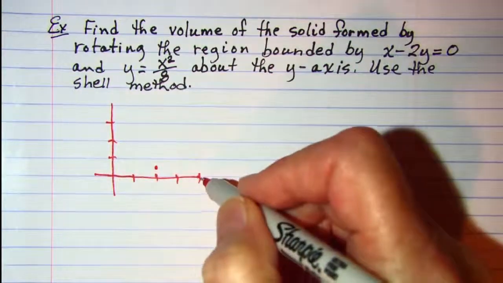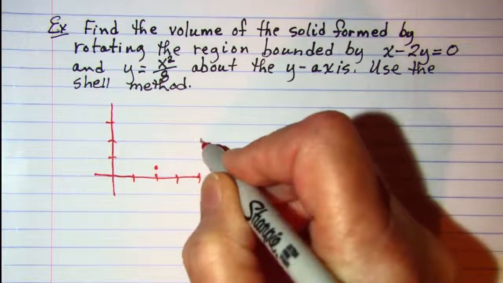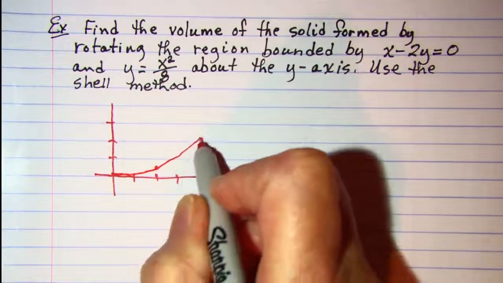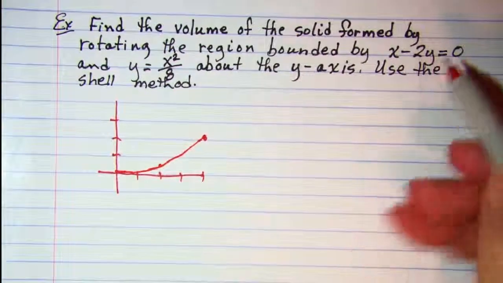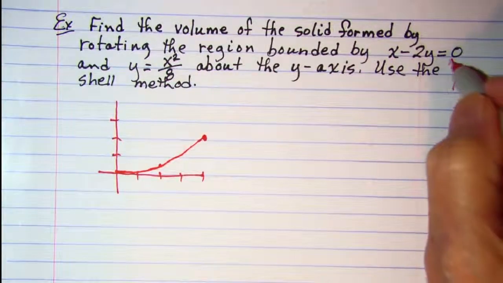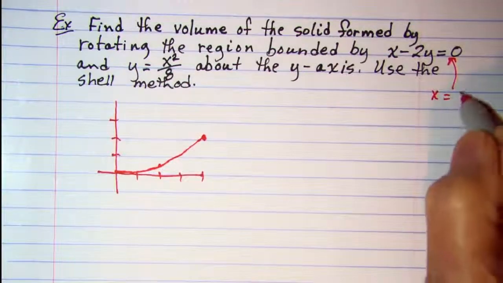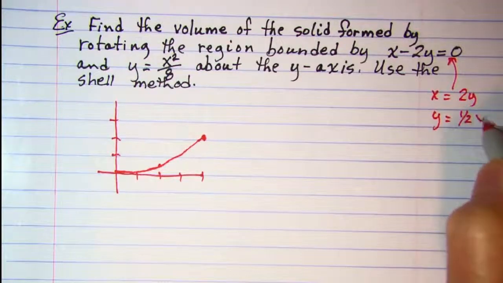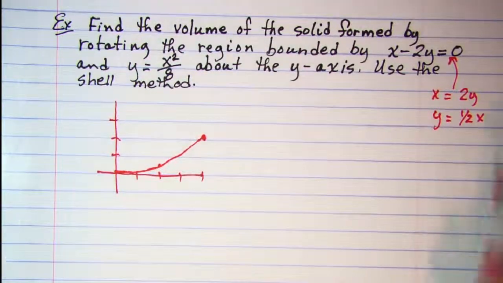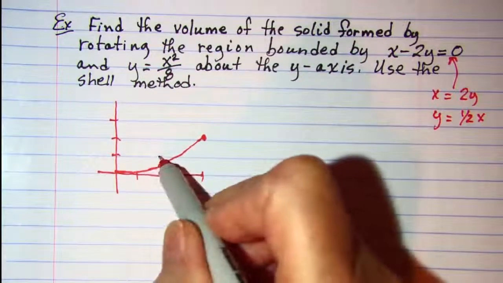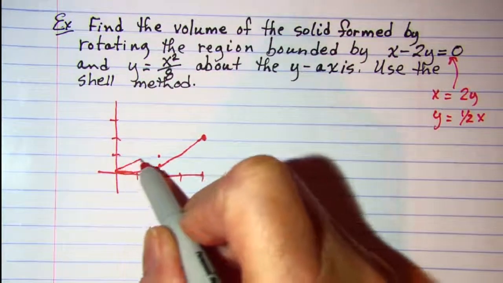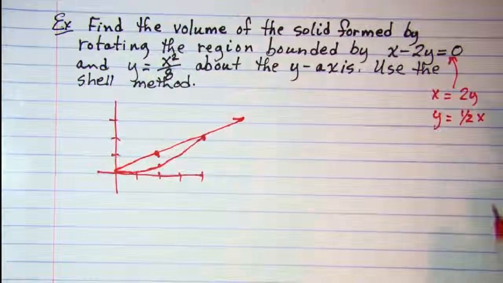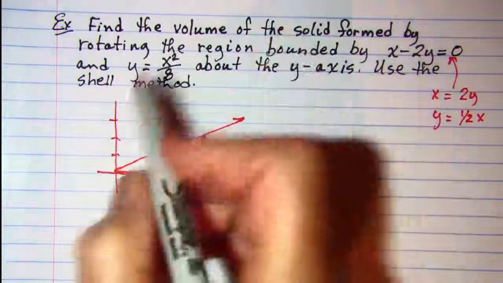If x is 4, I have 2. So I have a parabola and a line, x equals 2y, or y equals 1/2 x.